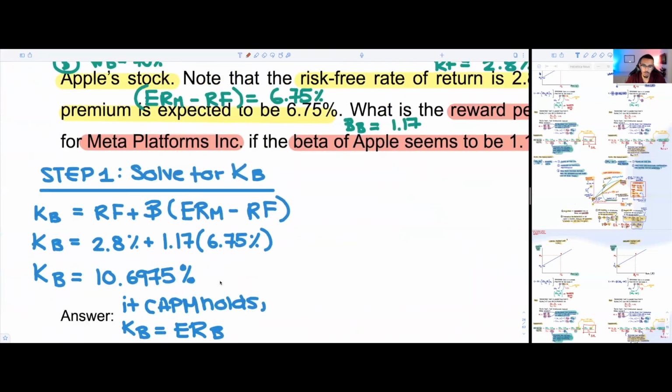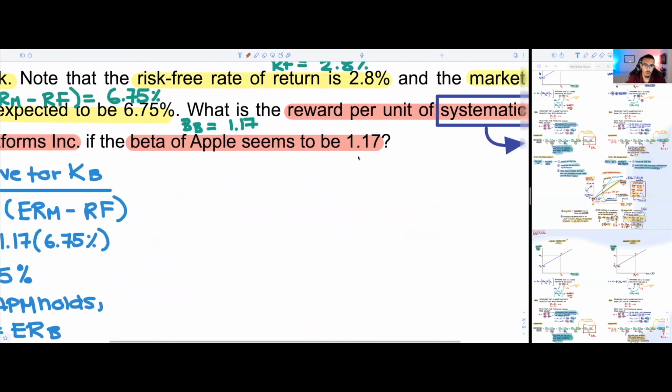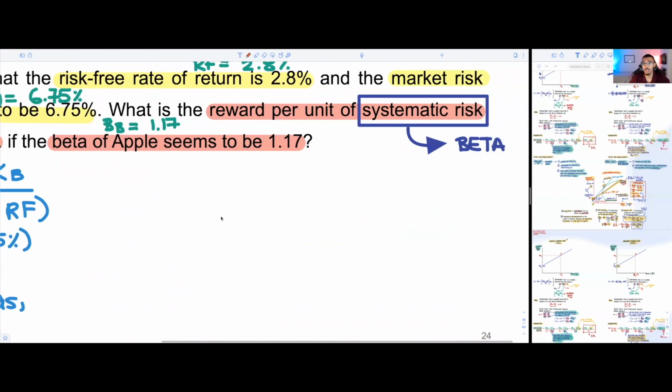And let's do step 2, which is gonna be to solve for the expected return on portfolio A. I mean, on the asset A. So step 2, solve for ER. Okay.